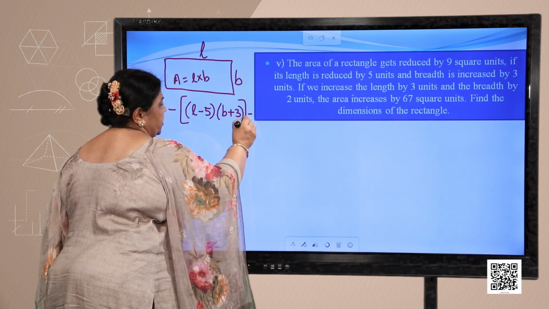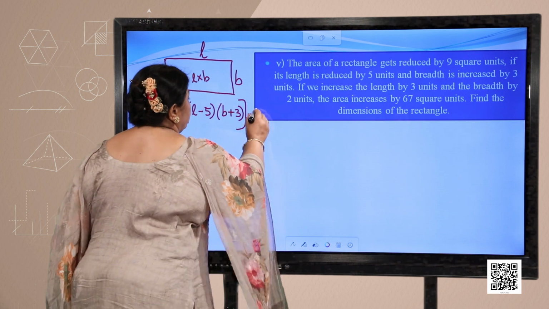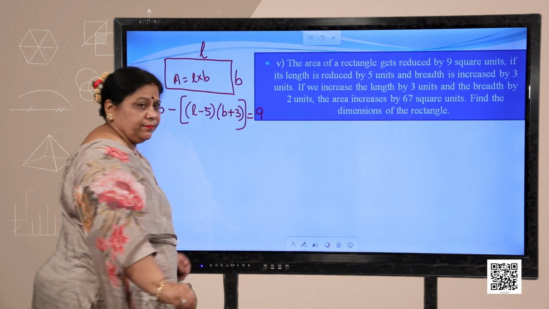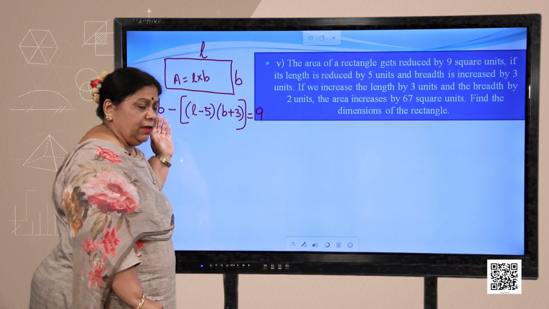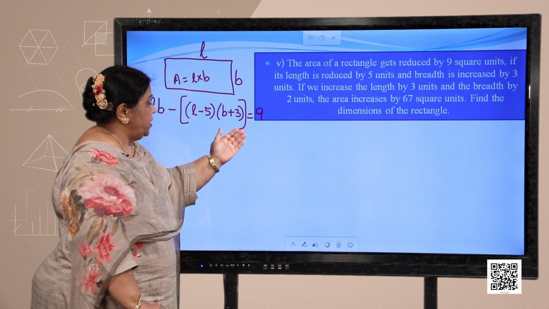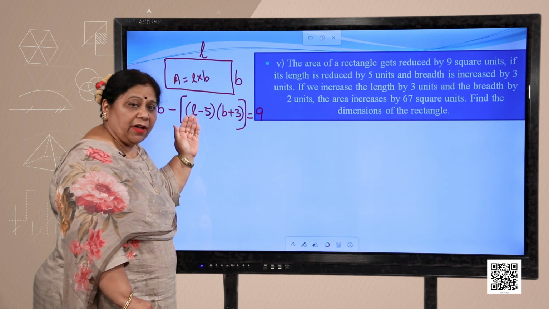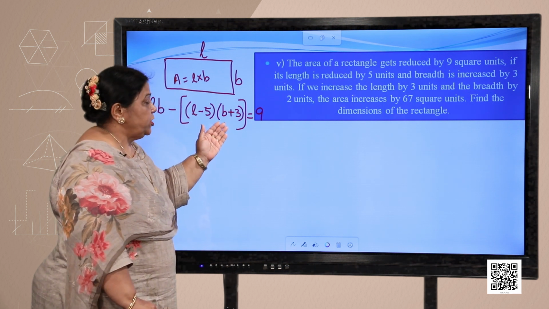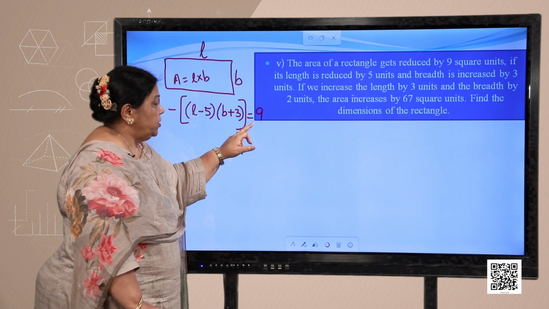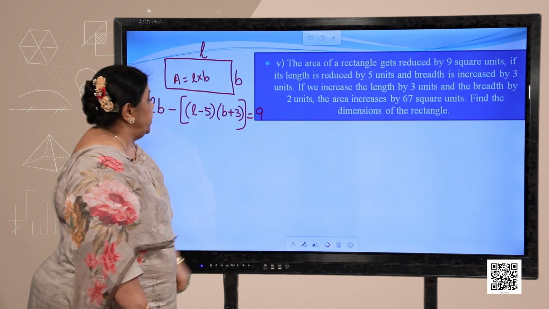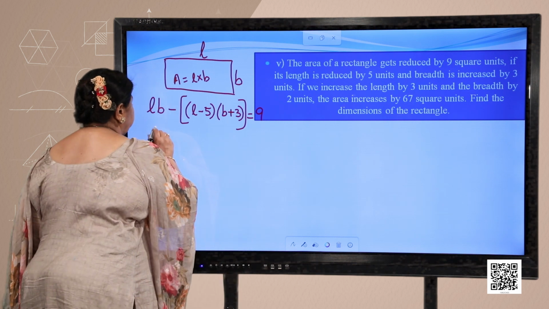And what is the change in the area? Area got reduced by 9 square units. Is the condition clear? This was the original area L into B minus what were the changes made? Length was reduced by 5 units and breadth was increased by 3 units. So, change in area is this. How much is the change in the area? 9 square units. Let us simplify this first.